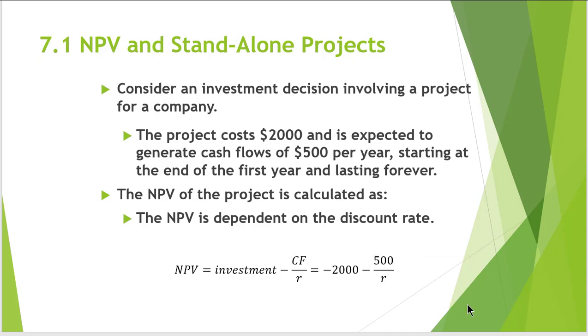The thing that this particular slide is really trying to talk about, though, is this variable R. And R is the discount rate. Sometimes it's going to be referred to as the required return. And in the capital budgeting context, it's also referred to as the cost of capital.